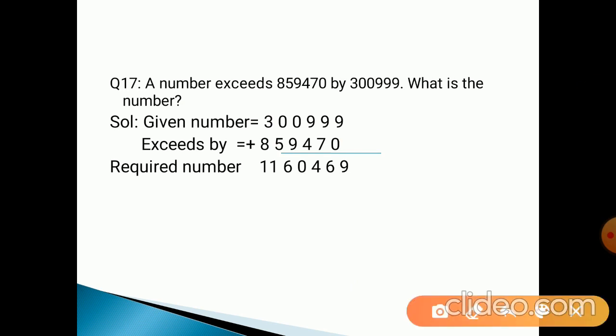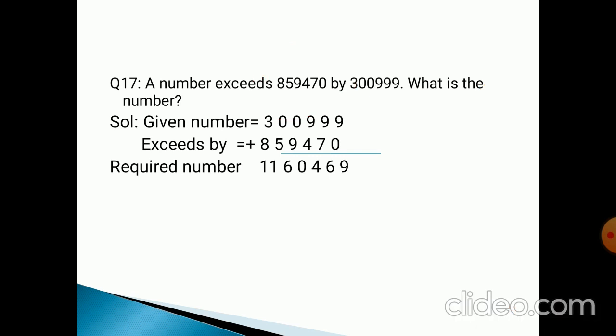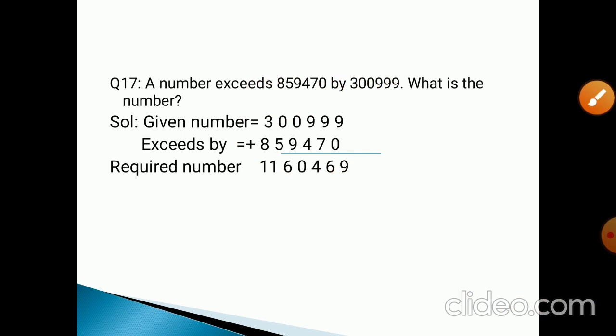So in this question, what he is saying is that we have one number. ये हमारा नंबर है और ये नंबर 8,59,470 बढ़ गया है। तो आपको बताना है वो नंबर क्या है। Very simple question. We have this number and वो नंबर बढ़ कितना गया है 3,09,999। दोनों को हम ऐड कर देंगे तो हमारा आंसर आ जाएगा, that is 11,60,469.